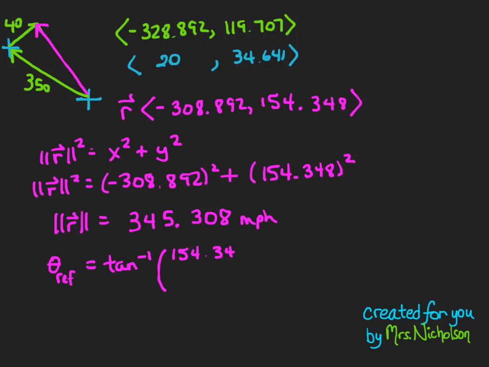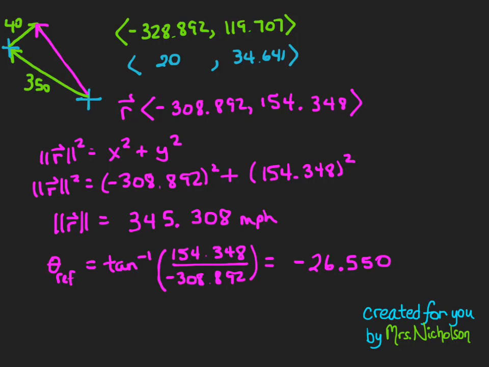So 154.348 divided by negative 308.892. And if you want to pause again and put that in your calculator, you can pause now. The calculator gives us negative 26.550. So if I go back and look up at my diagram, obviously my vector is going into quadrant 2, and so my angle should be somewhere between 90 and 180.